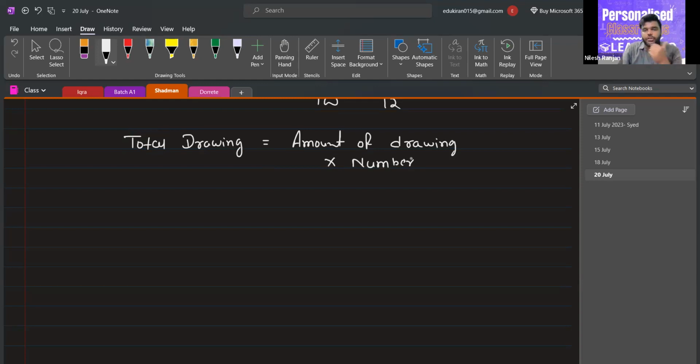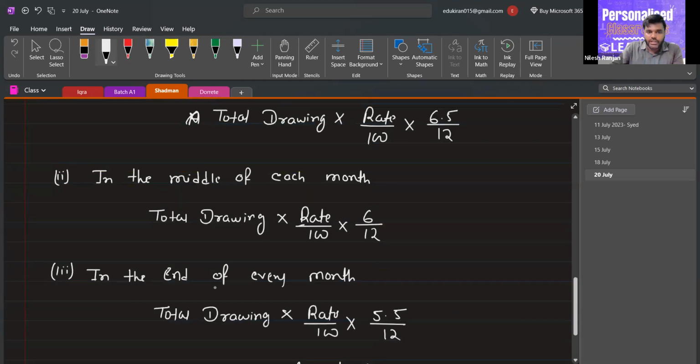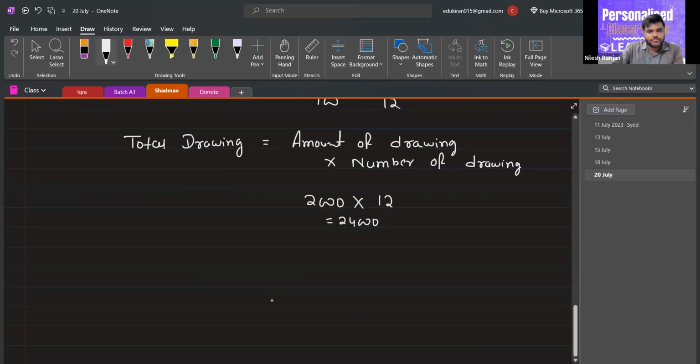So if we withdraw 2,000 per month, and in every month we are withdrawing, there will be 12 drawings, so it will be 24,000. We will write this amount as total drawing.